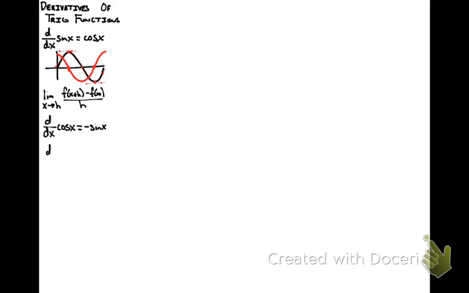And the third one is the derivative of tangent, and that happens to be secant squared x. And we could prove this a couple different ways, but one way to do this is we know that tangent is equal to sine x over cosine x. And we can take the derivative of both of those because we know the derivative of sine is cosine and the derivative of cosine x is negative sine x.